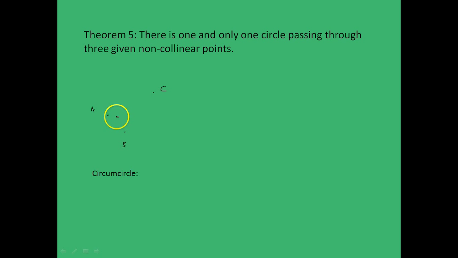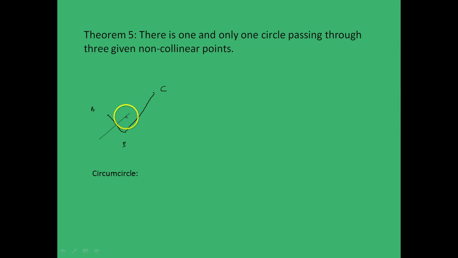Now to check if they actually lie on a circle, let's join AB and let's join, say, BC, right? And what we'll do is draw the perpendicular bisectors of AB and BC.